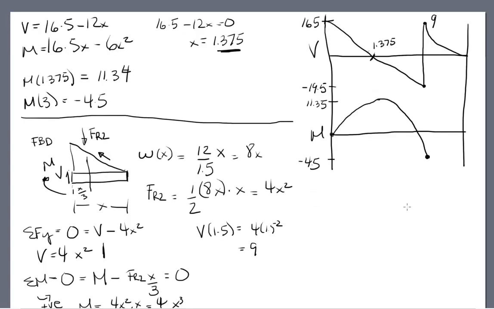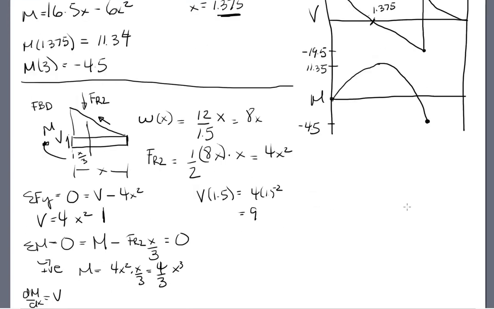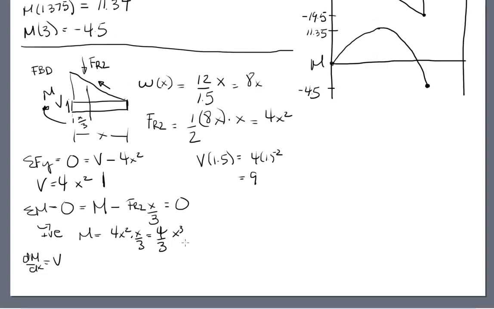Now the last thing we have to do is this 4 over 3 x cubed. So what is that going to look like at 1.5? Something tells me I've done something wrong here. This should actually be negative. If we're taking our M about here, we got positive M minus FR2 x over 3.